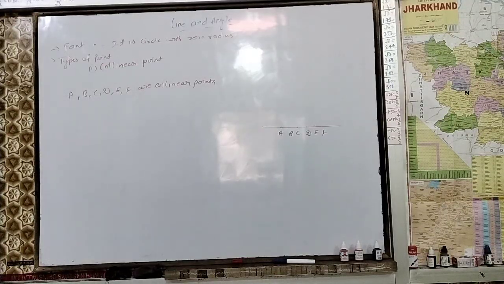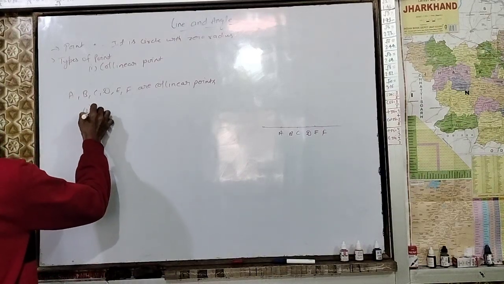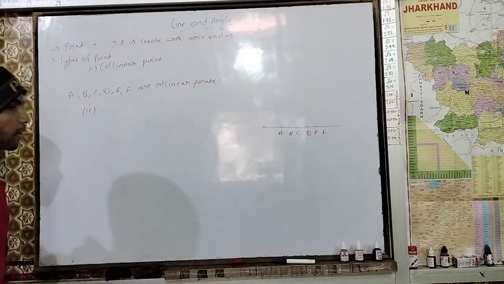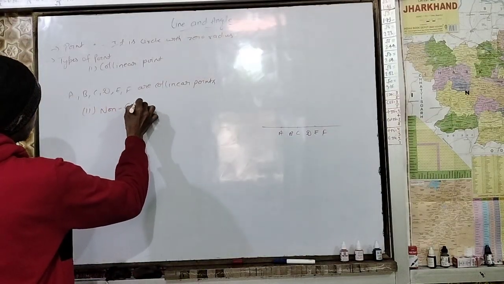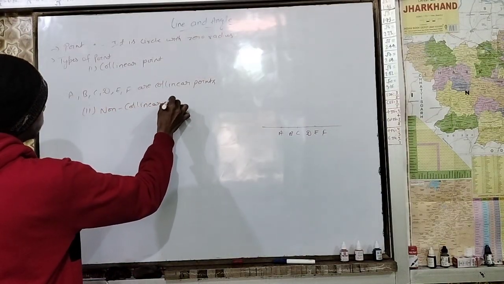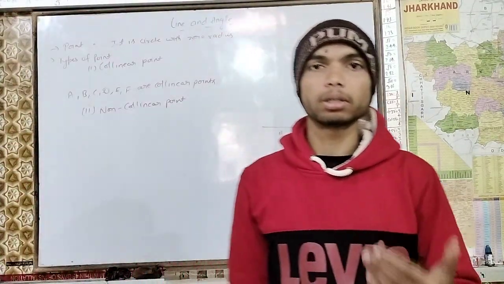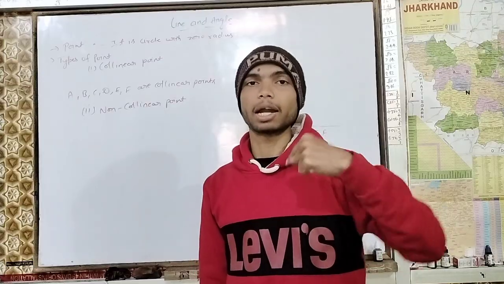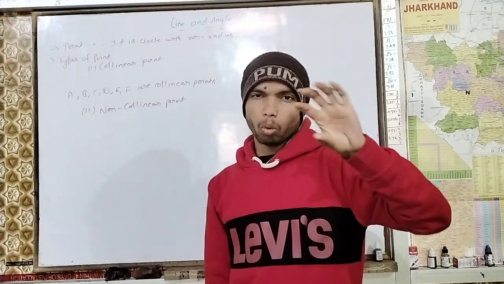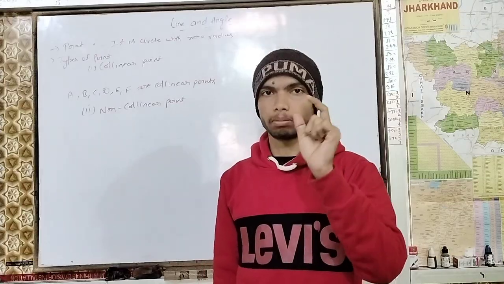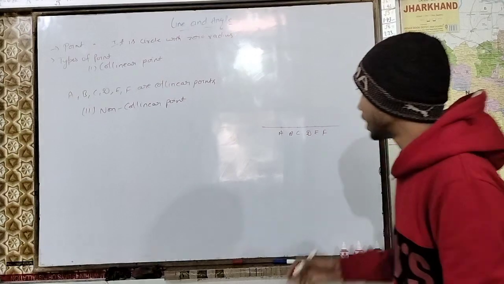Next we have non-collinear points. The definition of a non-collinear point is just the opposite of a collinear point. Non-collinear points are those where all points will not be along a line. It can be like this.